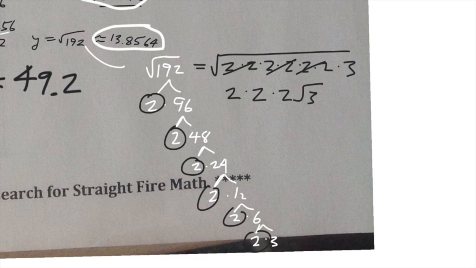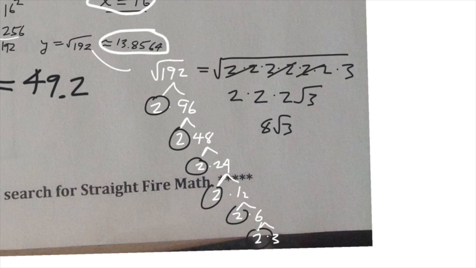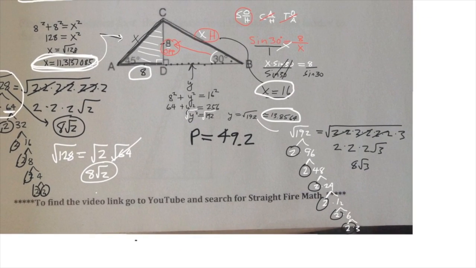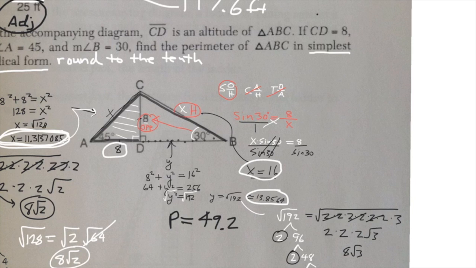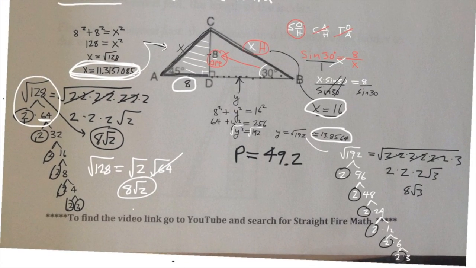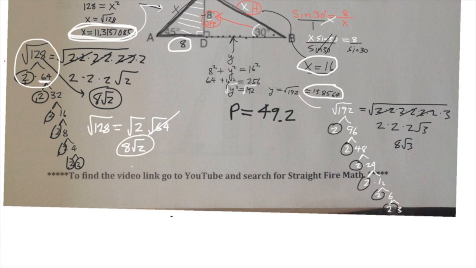So that would be identical to 8 radical 3 for the square root of 192. Okay, this is actually looking like quite a big mess here, but we've got a lot of thoughts down on this page. If you stuck with it the whole way through, the grand finale is right here.